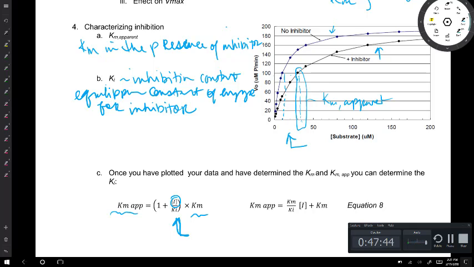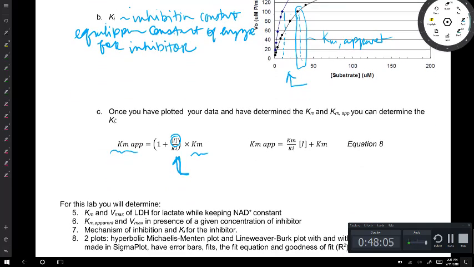Again, you can see how this would make sense if we had a linear relationship between the apparent Km and the inhibitor concentration. However, we can't take a shortcut using one inhibitor concentration.